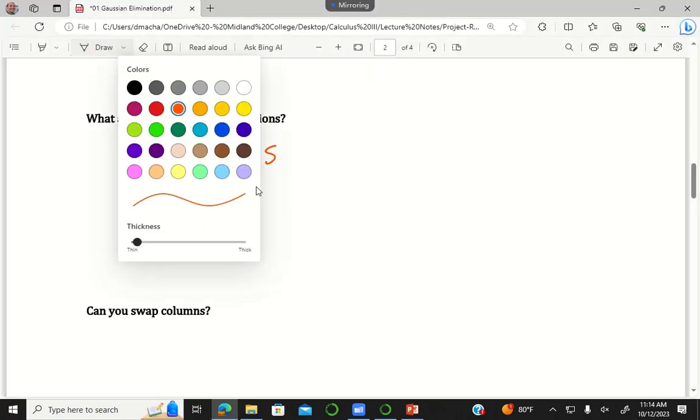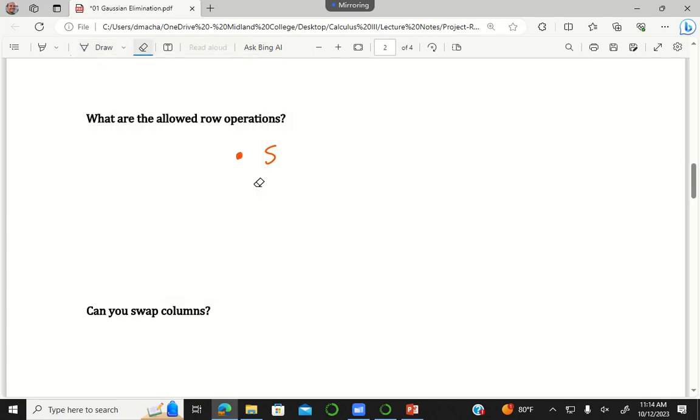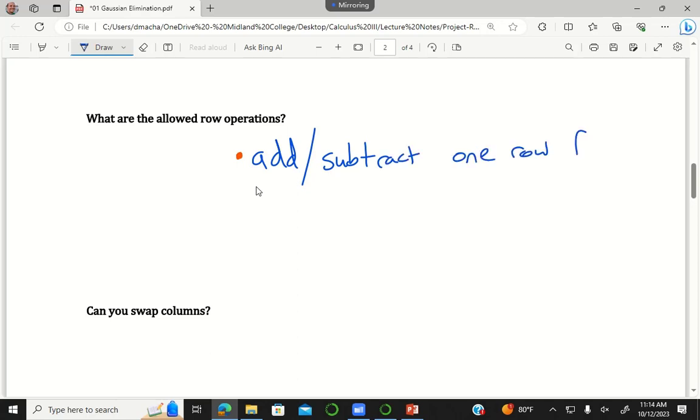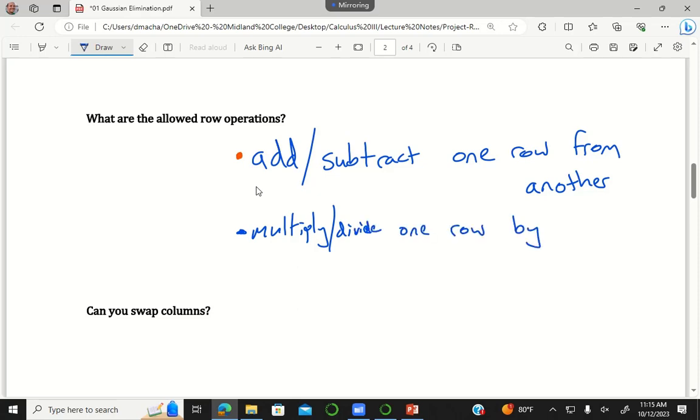The next allowed row operation is that you can multiply any row by a constant number, or divide, like we divided by negative 2. So you can multiply or divide one row by a scalar, just a number.